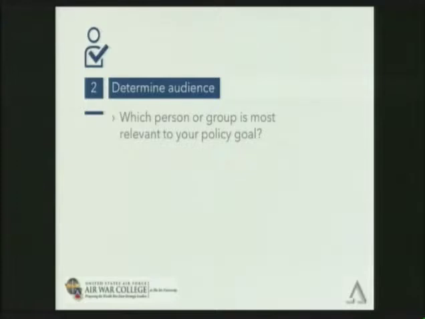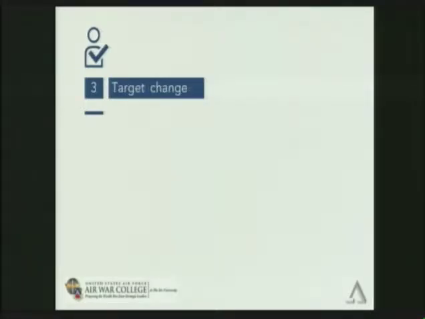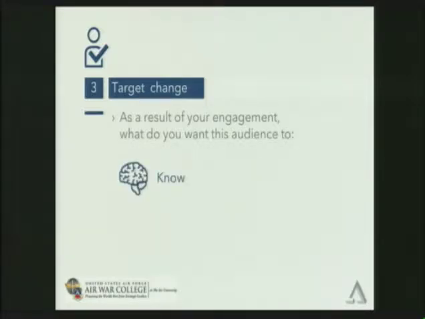The third step is to target the change in each of those subsets of audience. And we target each subset of audience by asking very basically, when we're done, how do you want them to change? What do you want them to know because you engaged them that they otherwise would not have known? Write that down.